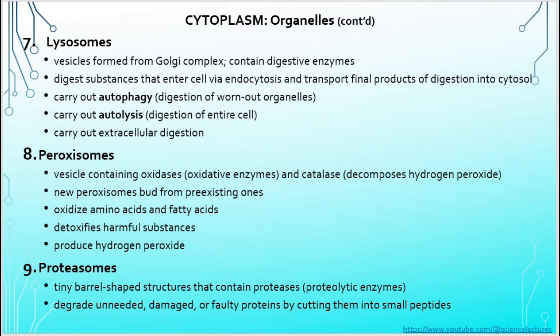These proteasomes are so named because they contain proteases, the enzymes that cut proteins into small peptides. Once the enzymes of a proteasome have broken down a protein into smaller molecules, other enzymes then break down the peptides into amino acids, which can be recycled into new proteins. Proteasomes are very important as some diseases could result from their failure to degrade abnormal proteins. For example, clumps of misfolded proteins have been found to accumulate in brain cells of people with Parkinson's and Alzheimer's.